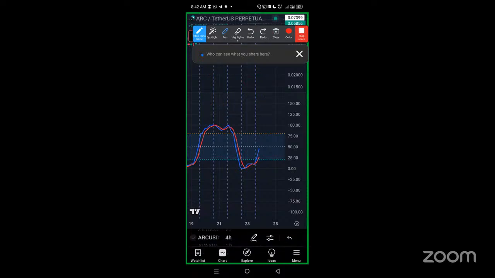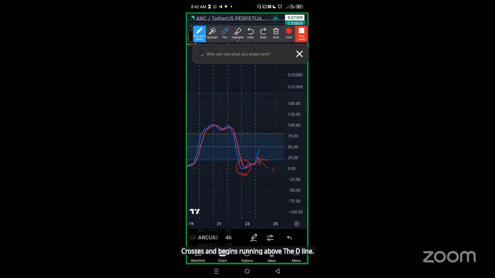How do you tell that the trend is going to change or is shifting to an uptrend? An uptrend is indicated when a K line crosses and begins running above the D line.